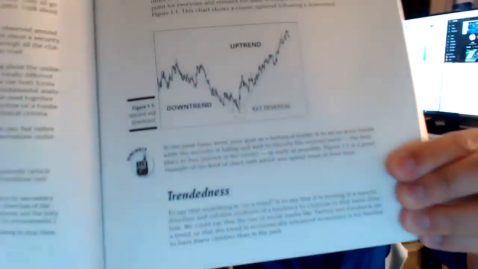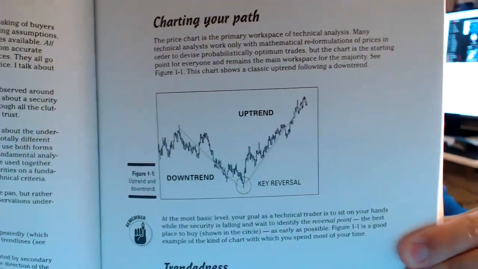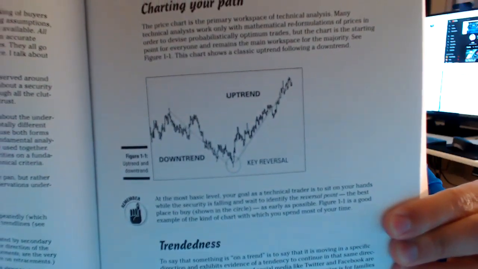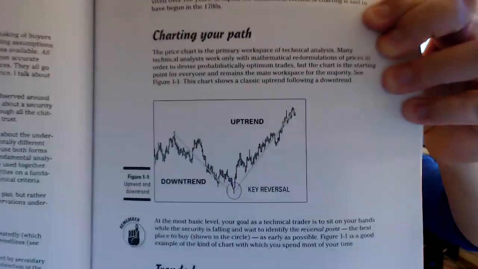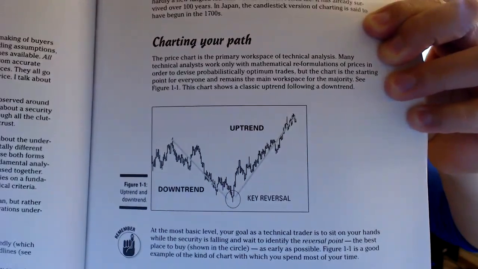Charting your path. So right here on page 13 talks about a reversal point. They can show you a graph. Downtrend, key reversal. I'm trying to show you guys this. You guys can see this. So it's very important because when you ride the uptrend and it creates so much impact and objection on the resistance path, then for me, I look for a bunch of candles creating that structure of resistance.